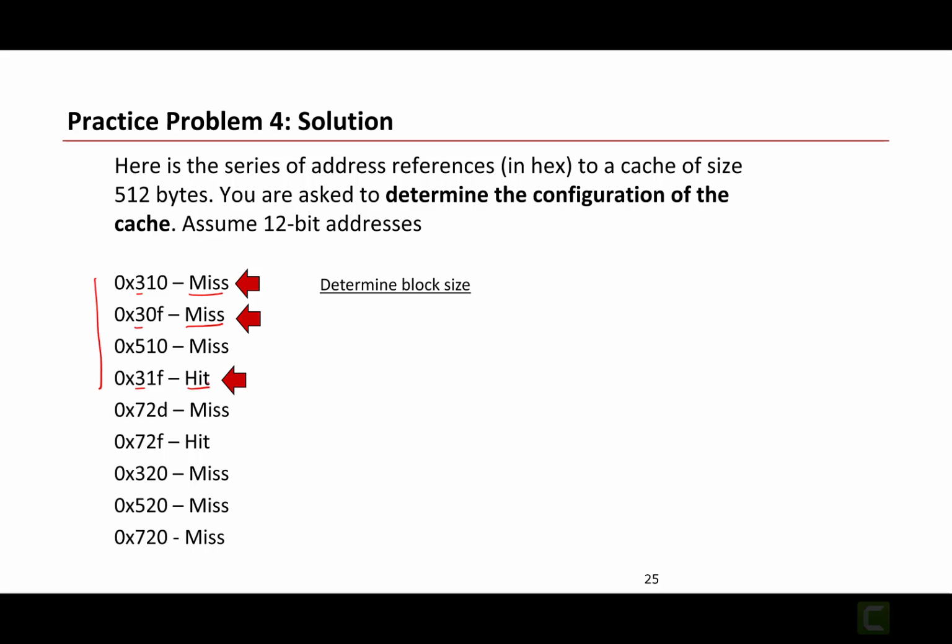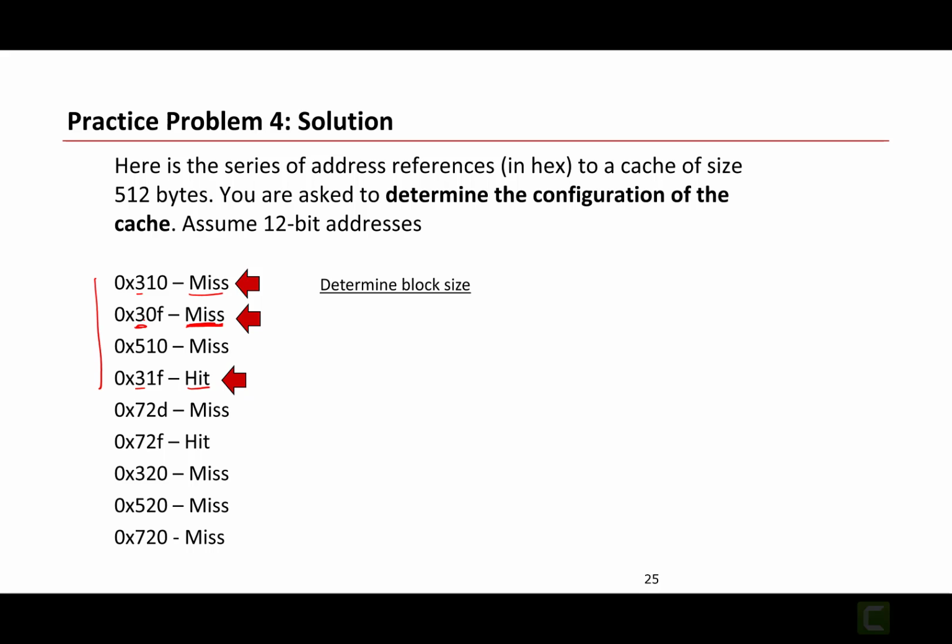So maybe the second access being a miss can tell us something about the largest size possible for a block, because if the block was really big, then given that the prefixes were somewhat the same, it would have been a hit if you were able to exploit spatial locality.